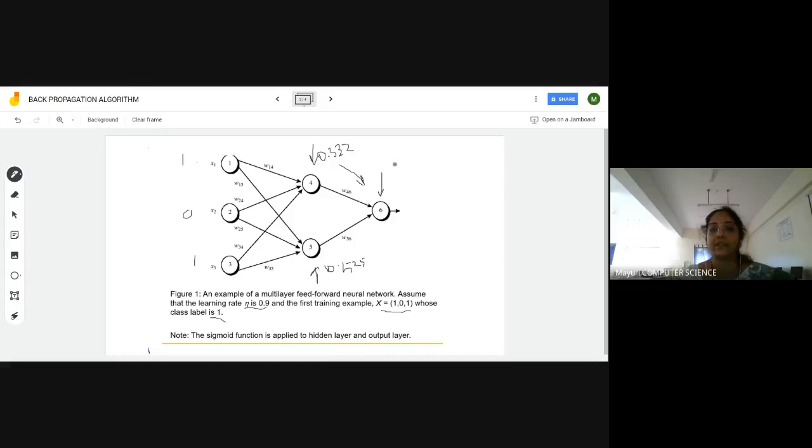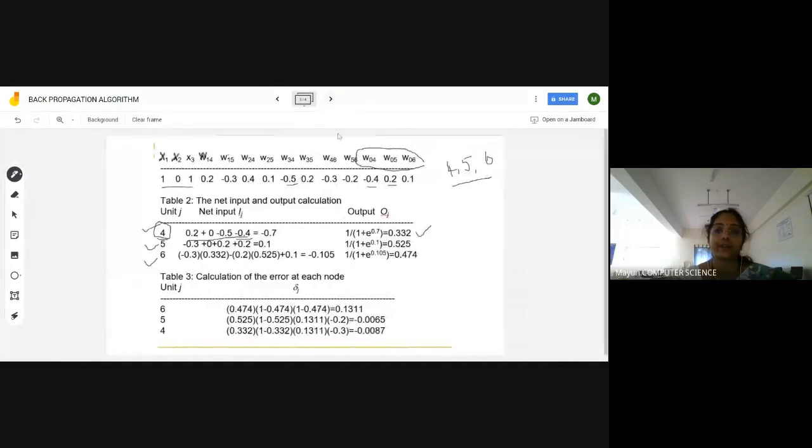So bias weight of 6, what is that? W06 plus multiply the value of 0.332, the input, into its weight. 0.332 into W46 value plus 0.525 into W56 value plus the bias weight. That will be the output at 6. You could see that the weight W46, I am going from 4 to 6, W46 or W56.